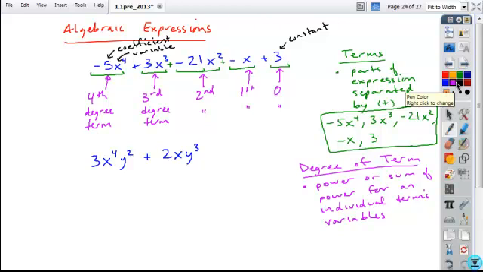For them, the degree for each term is going to be the sum of their variable powers. Okay, so here we have a 4 and a 2. They add together to give you 6. So this is a 6th degree term. And then here we have an unwritten 1 and a 3, so this has a degree of 4.